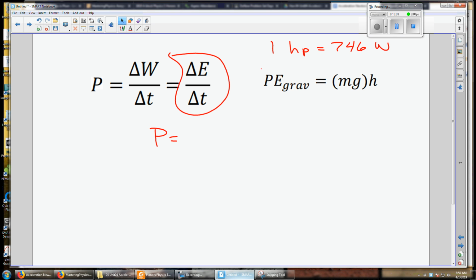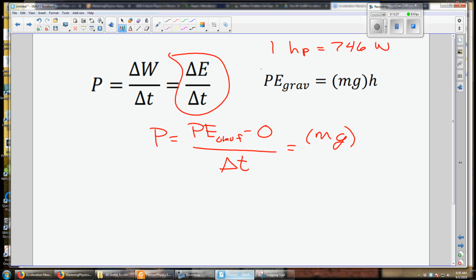So it's just the PE grav final, minus 0, because remember change is always final minus initial. So my PE grav, I have mg, which I know, h, which I know, delta time, which I know.